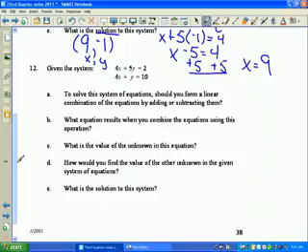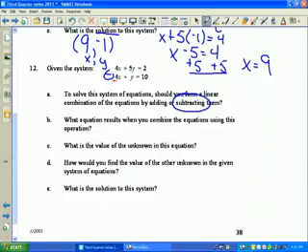Looking at your x's, looking at your y's, hopefully you're saying subtracting them. And why is that? Because my x's have the same number, which is 4 in common, and they're both positive, so that means I'm subtracting.